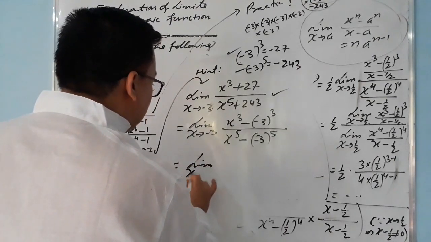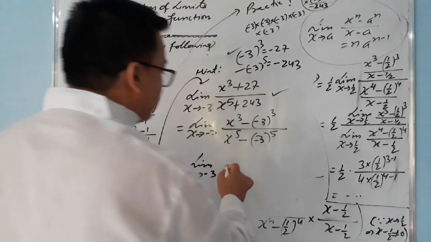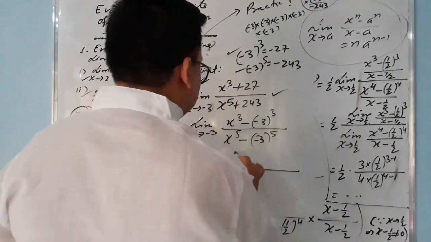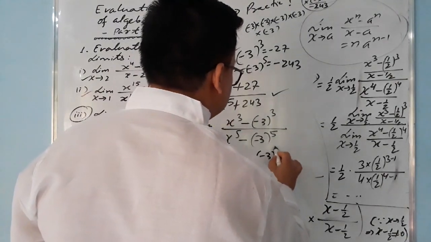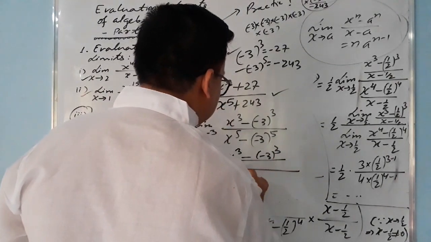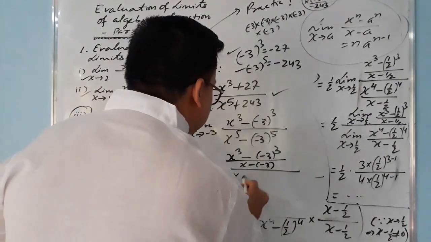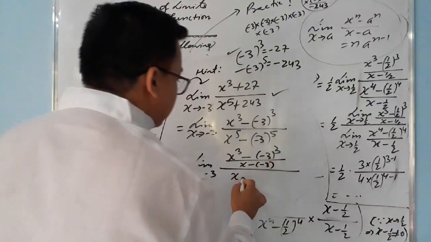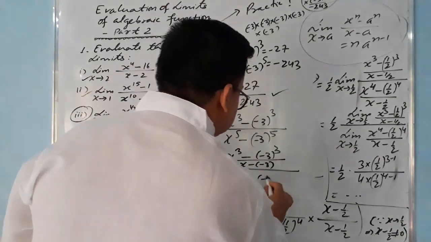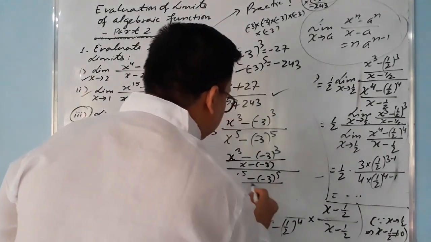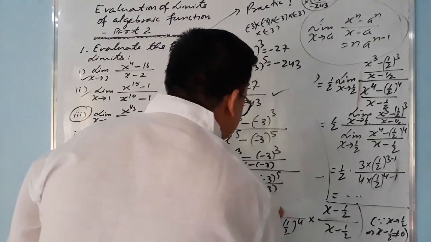So directly now I'm writing, I think you got enough idea: x^3 − (−3)^3 and x^5 − (−3)^5, upon x − (−3). Don't write a plus.